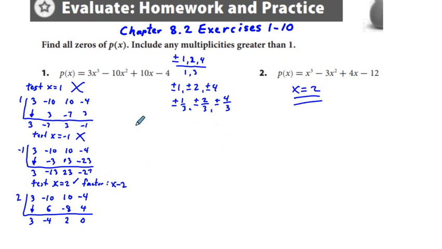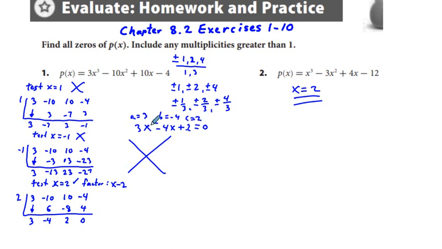Next we have 3x squared minus 4x plus 2 is equal to 0, and we can test different ways to do this. If we go ahead and put an x method here, we can put a is equal to 3, b is equal to negative 4, and c is equal to 2.